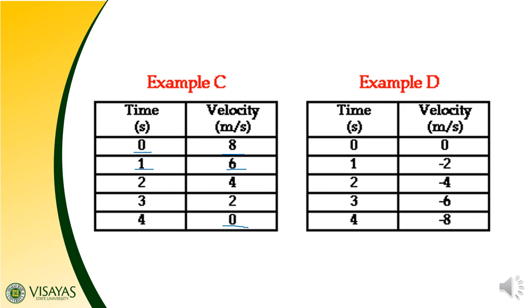While in example D, the object is moving in the negative direction as indicated by this negative sign. So the object is moving in the negative direction and it is speeding up. After each second, the object is speeding up by 2 meters per second, or the velocity is increasing after each second.